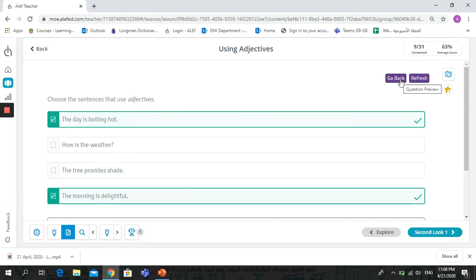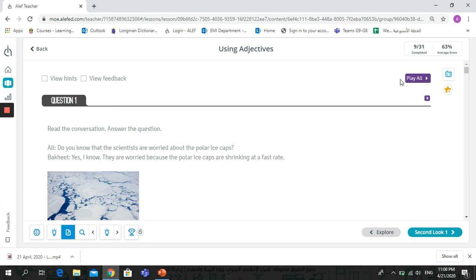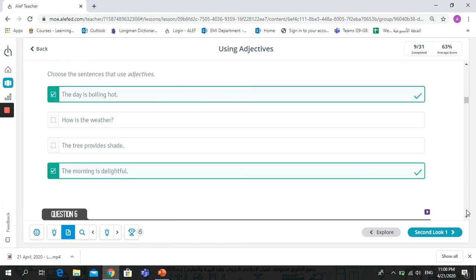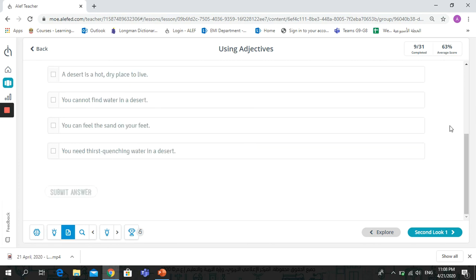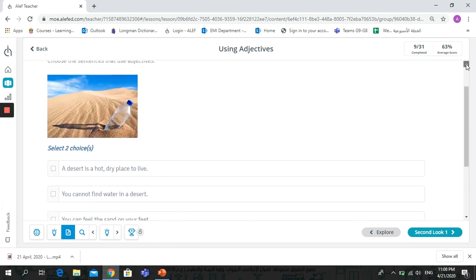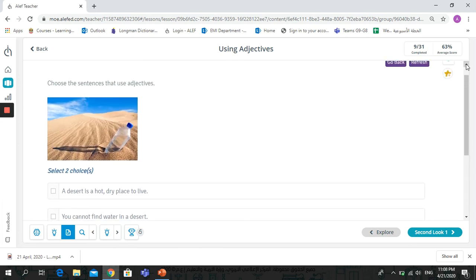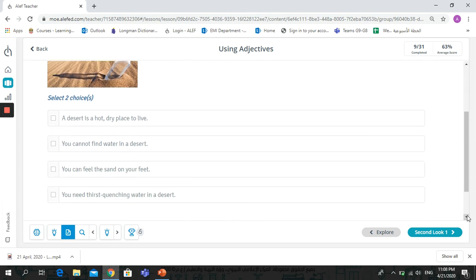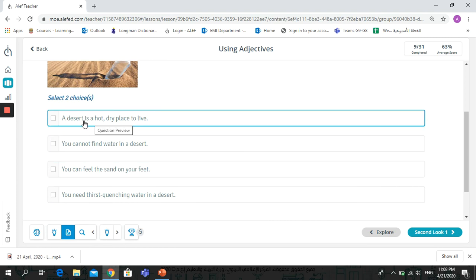Let's complete our next example to show how adjectives are used. Question number 5. Look at question number 5, please, and check the sentences that use adjectives. Which sentences use adjectives? A desert is a hot, dry place to live.